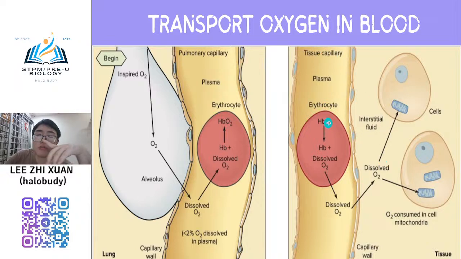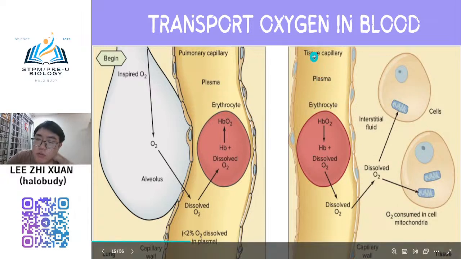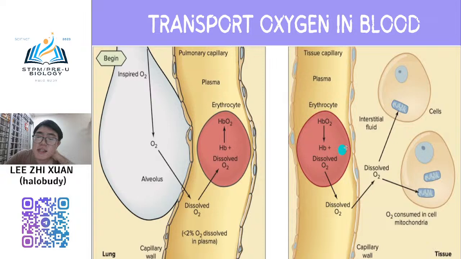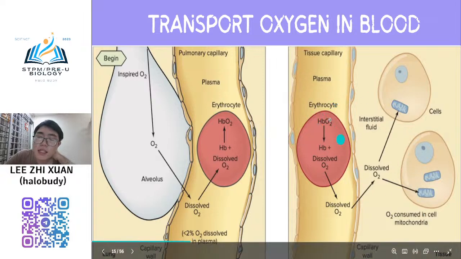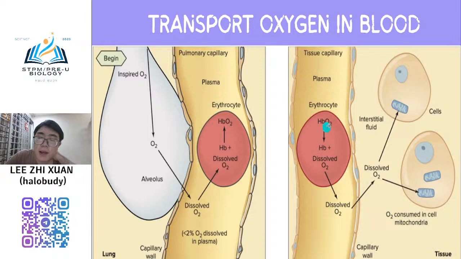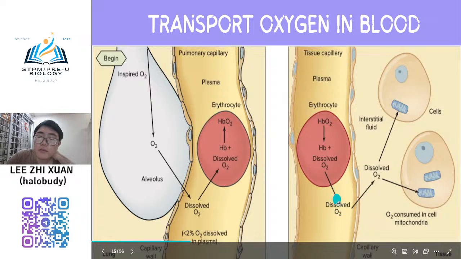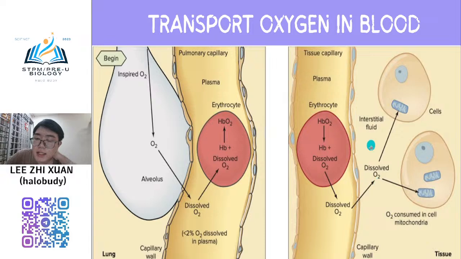Once it goes to any part of our body tissue, we call it the tissue capillary. Once it reaches the tissue capillary, this erythrocyte that contains the oxyhemoglobin will dissociate into hemoglobin and oxygen, and then the oxygen will diffuse back into the blood plasma, then out from the capillary into the interstitial space, and this oxygen molecule will be used by the cells.